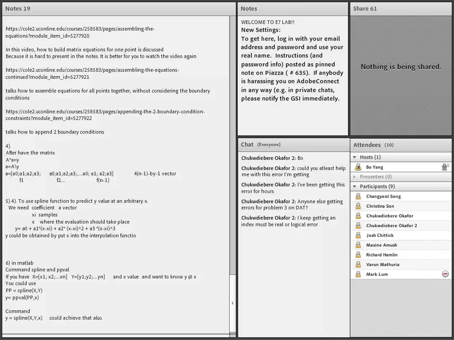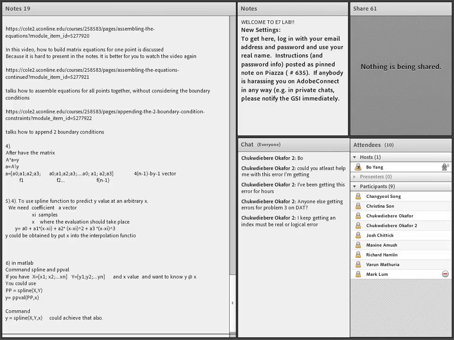So we could use pp equals spline of x and y. Here x, y are training data information. We put it into the spline function. We get the interpolation function information. We put this information into ppval, and also the x point we want to evaluate. Then we can use ppval to get the y value.